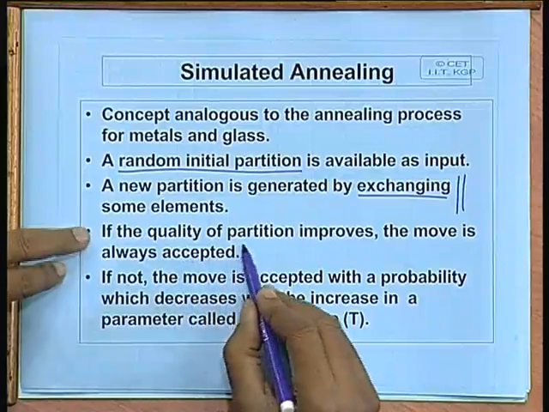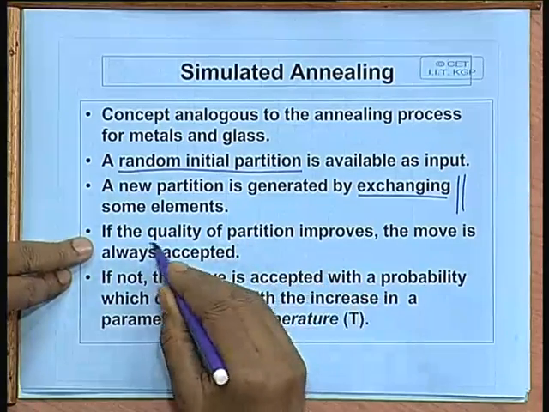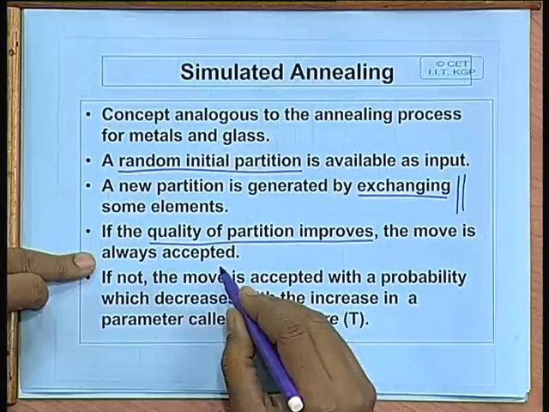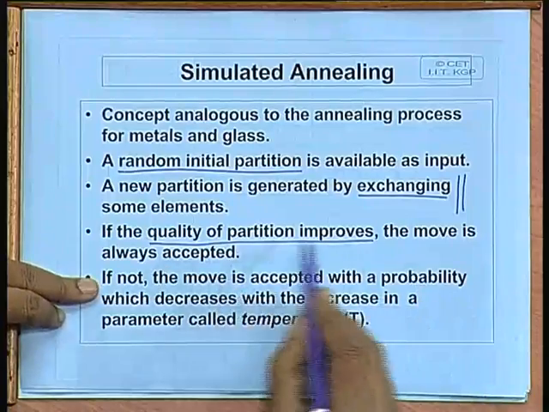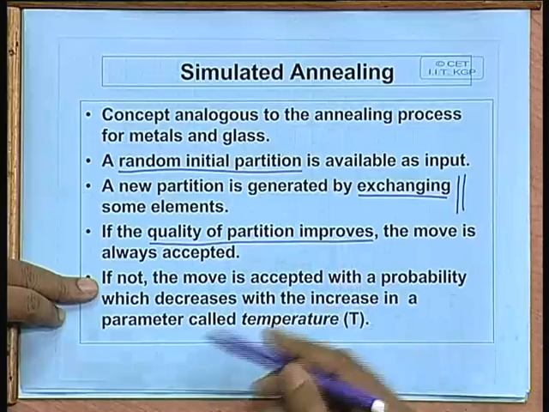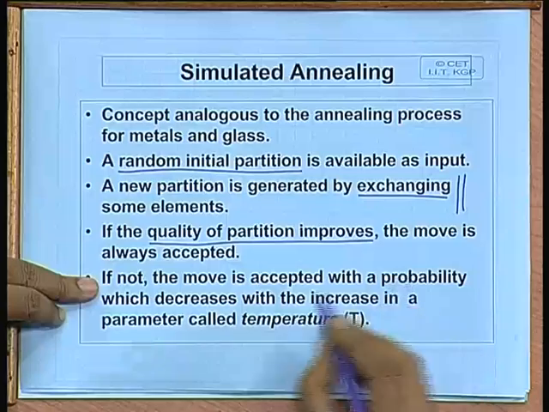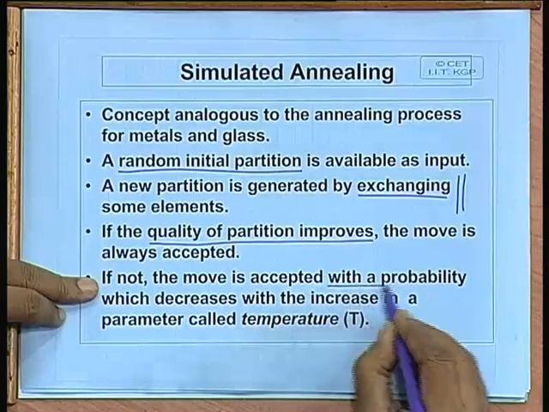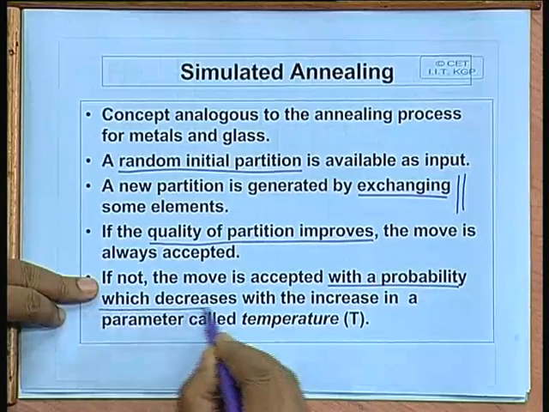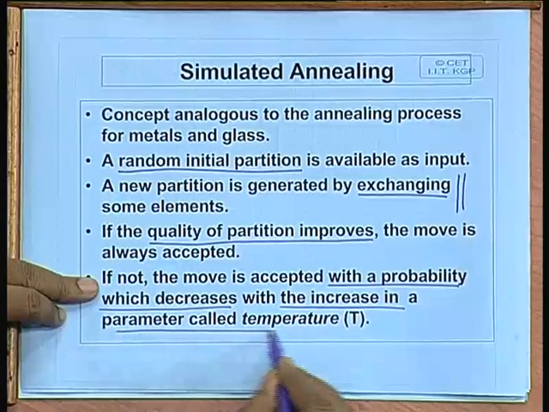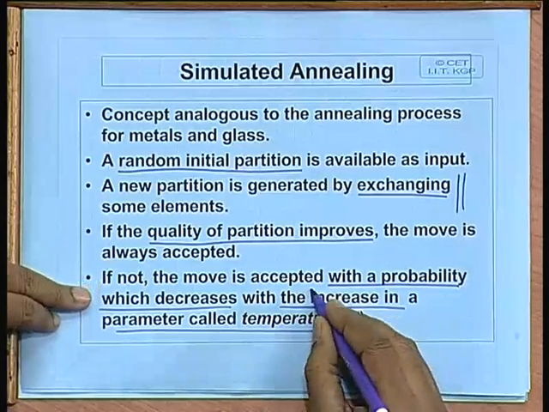If the quality of the partition improves, then the move is always accepted. As we move towards a better solution, we always accept it unconditionally. But if we see that the new partition is a worse one, it is not improving, rather it is degrading, still we can accept it with a probability which decreases with the increase in a parameter called temperature.